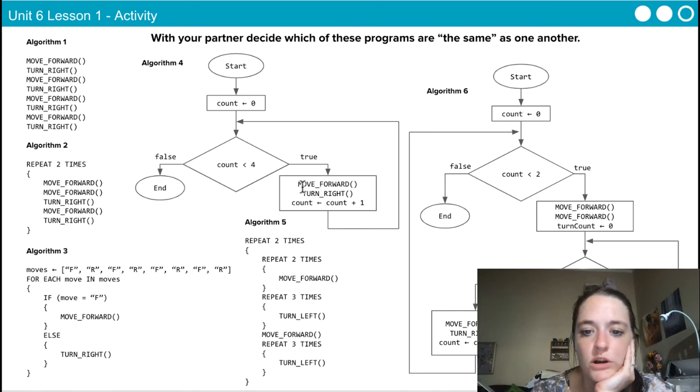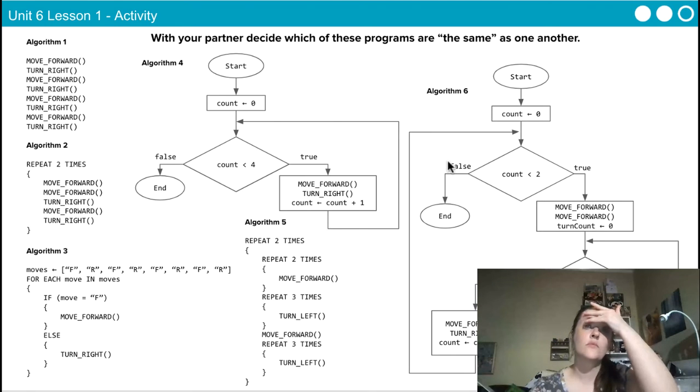So that's 4. Move forward, turn right. Count equals count plus 1. This is also the same. So 1, 3, and 4 are the same.